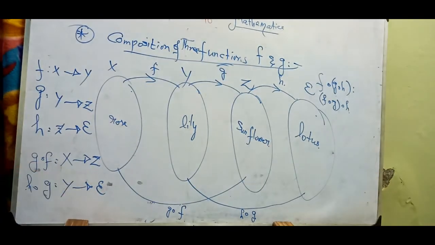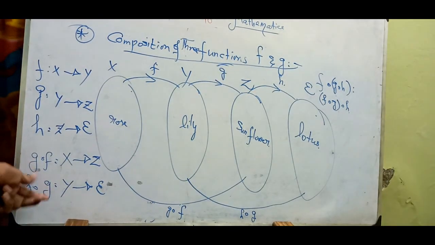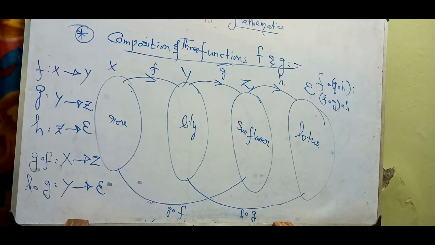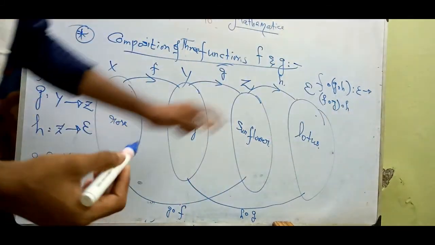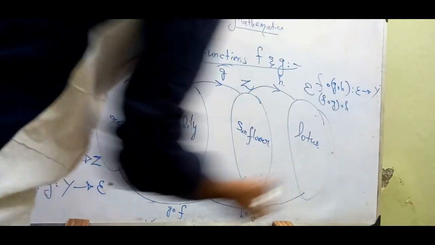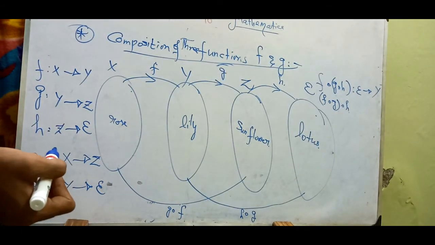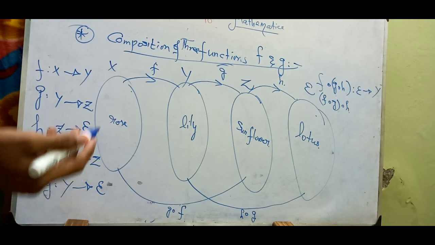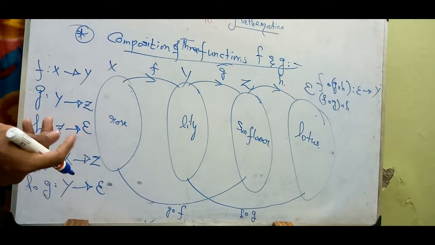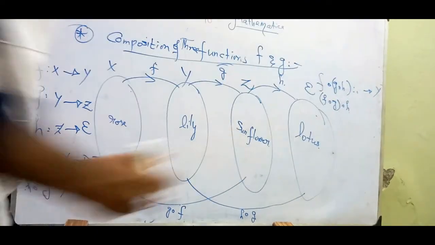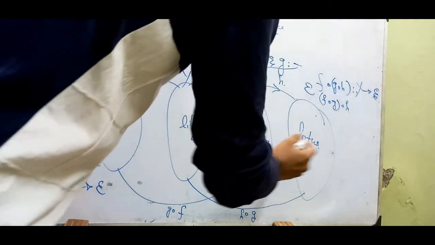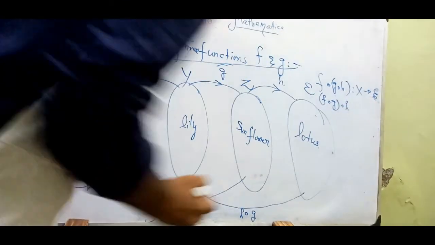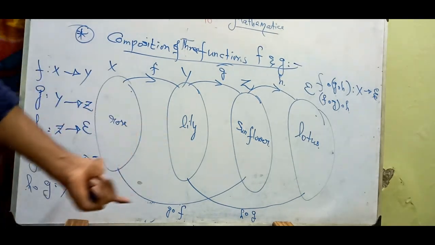This is a map between g compose h, between these two Y and F is in between X. So in short, we can use X to E, and f compose g.